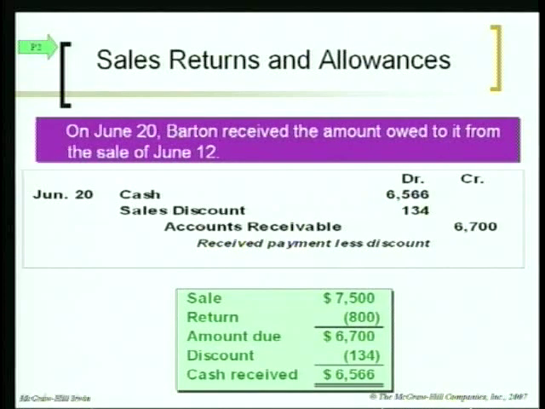Their entire receivable of $6,700 goes away, but they only pay 98% of that in cash. That's all they have to pay. The 2%, the $134, is debited not to sales returns and allowances, but to the other contra revenue account, which is sales discount. You with me?